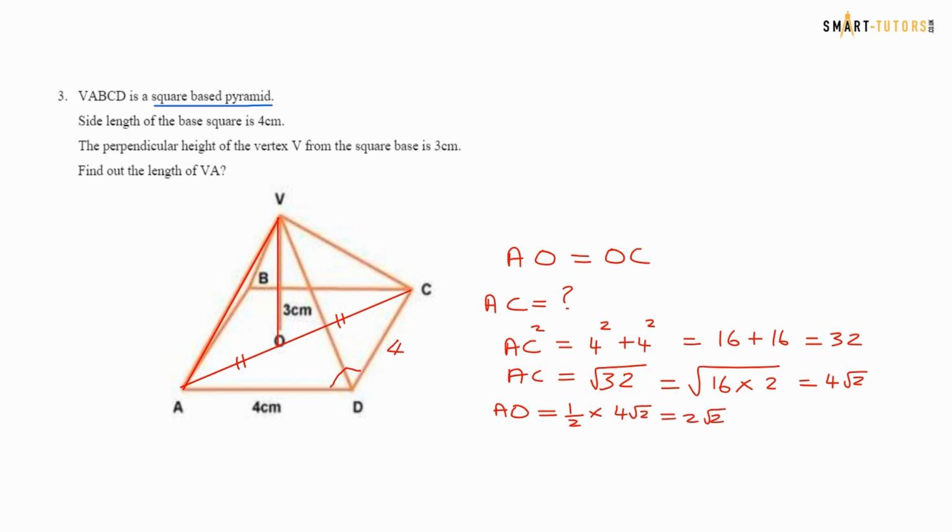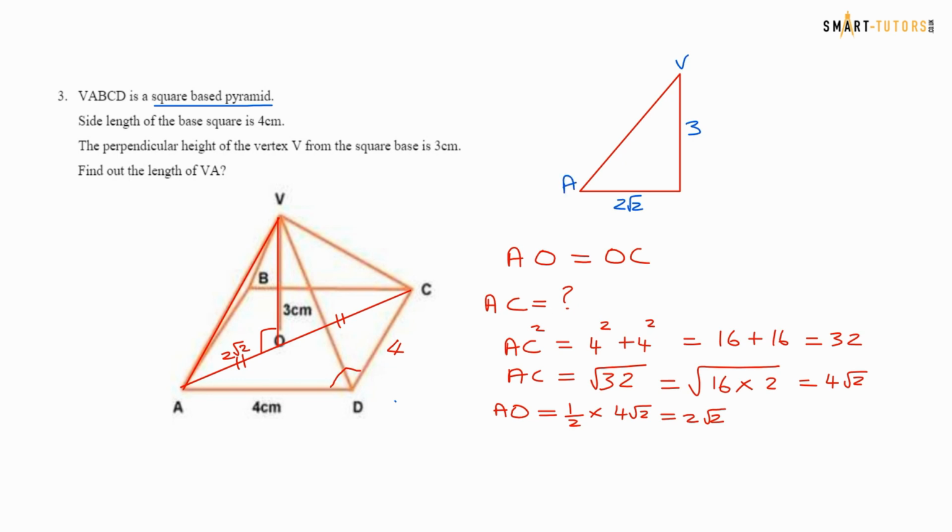So if you think the 2 root 2 is the length of this one, and this is a right angle triangle standing up in 3D. If you have any problem visualizing, I'm going to draw a triangle to give you a little bit more explanation here. The height is 3 and this is 2 root 2 and this is my VA.